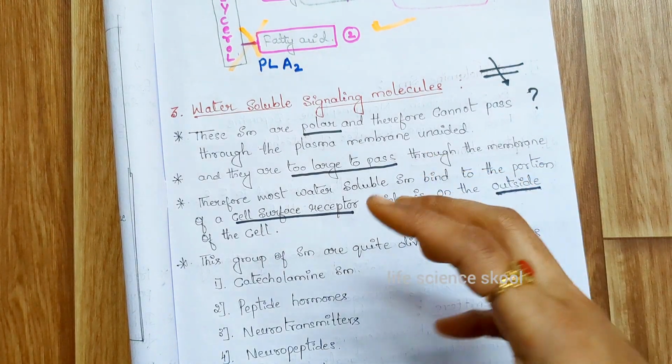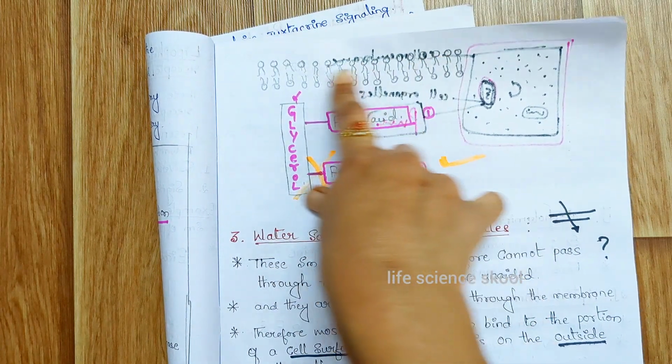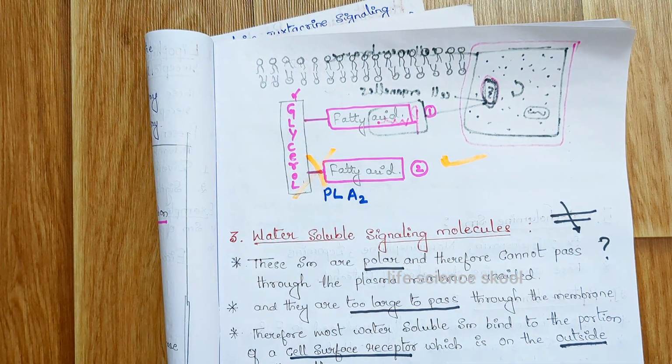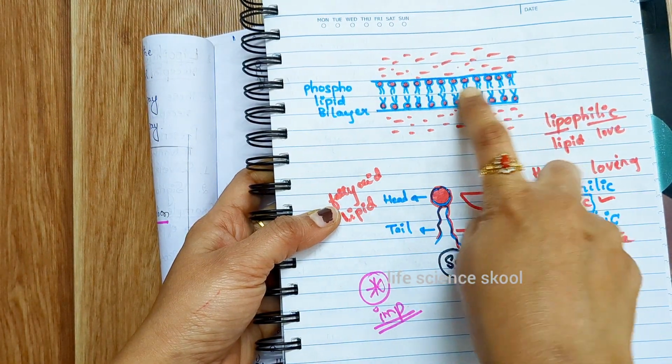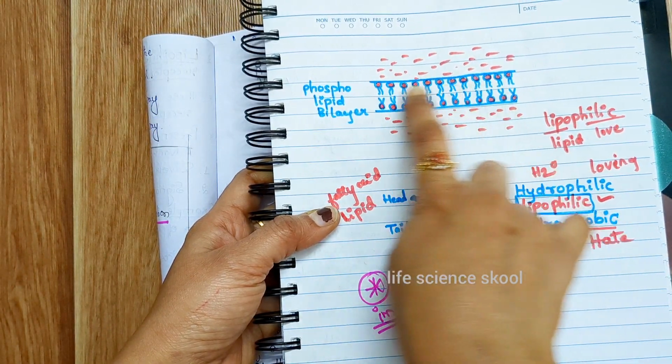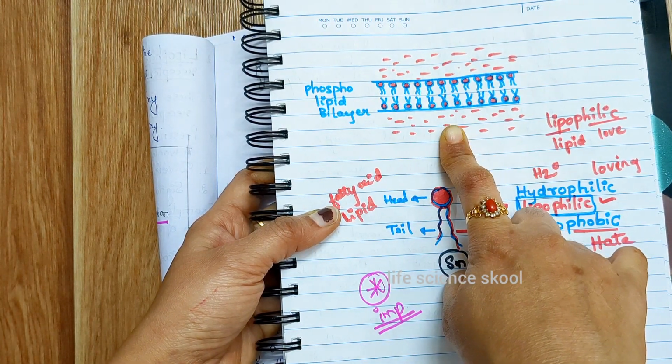Here we are seeing the phospholipid bilayer, and the phospholipid tails make it favorable for them to cross this layer.